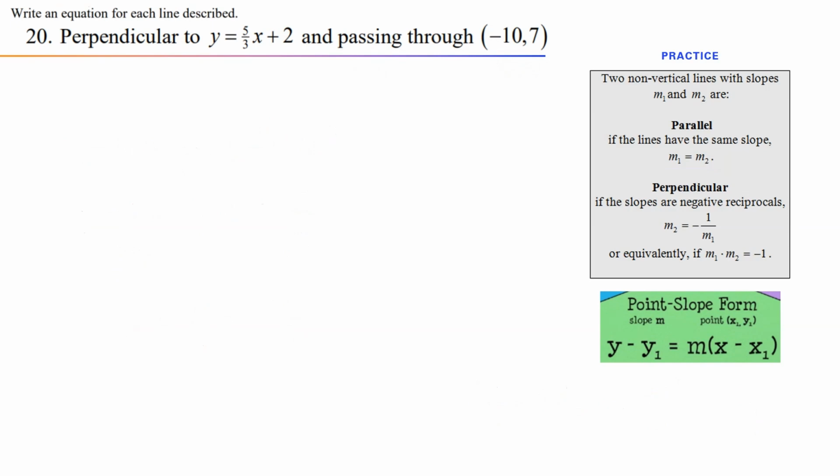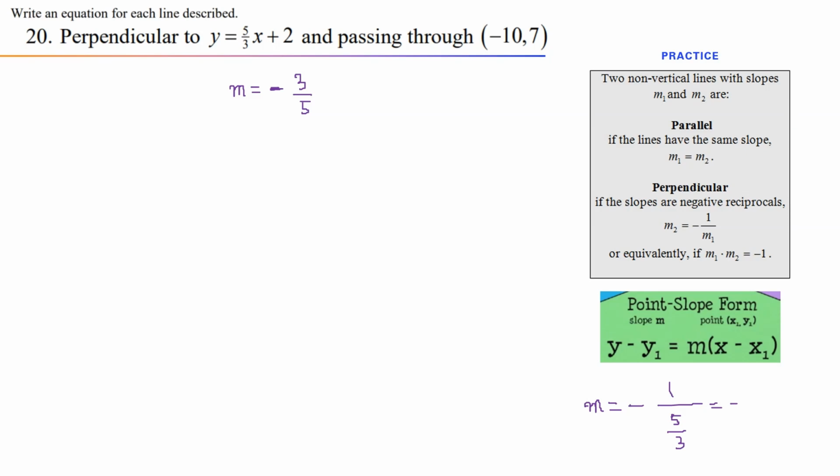Number 20, we have the perpendicular case. For the perpendicular, remember the slope will be negative reciprocal, which means you flip it. So 3 over 5. They say m2 equals negative 1 over m1. So m equals negative 1 over 5 over 3.